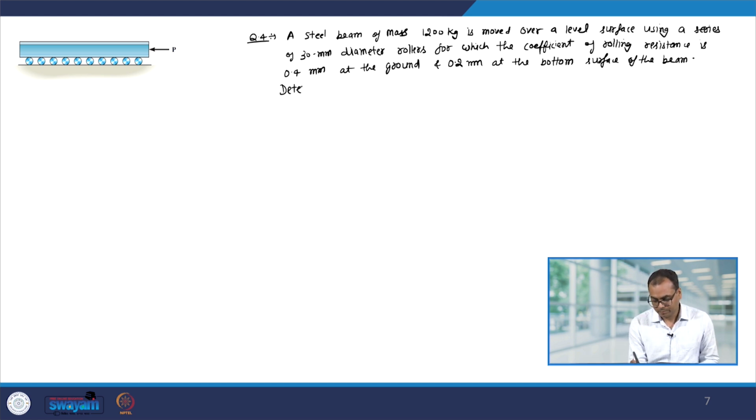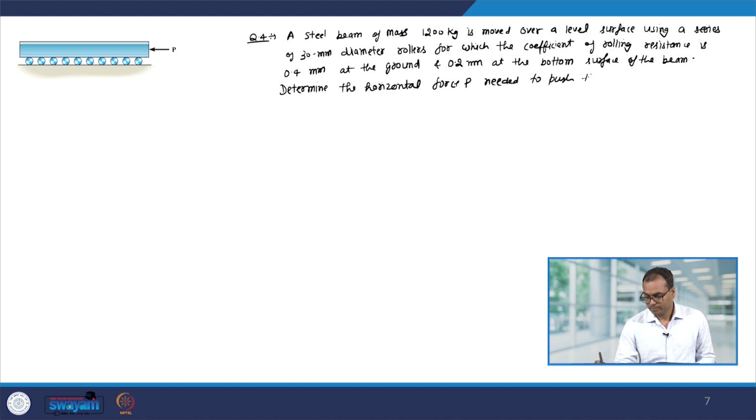Determine the horizontal force P needed to push the beam forward at a constant speed.